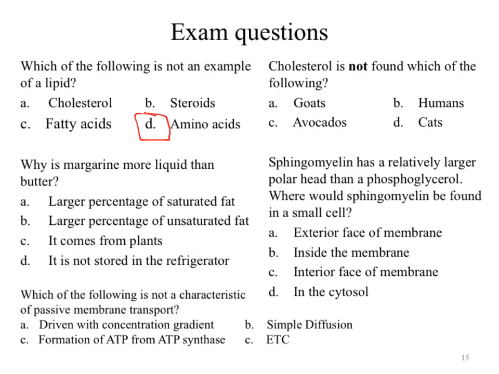No. What we're looking at is those first two options, either being saturated or unsaturated. To make it more liquid, it needs to be more mobile. We're looking at a larger percentage of double bonds, so a larger percentage of unsaturation.